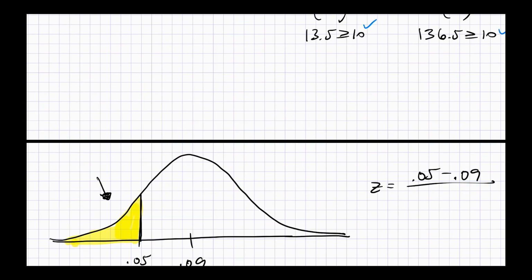So let's see. What was it? N. Or sorry, p. So 0.09 times 0.91 over 150. 0.0233. 0.023.